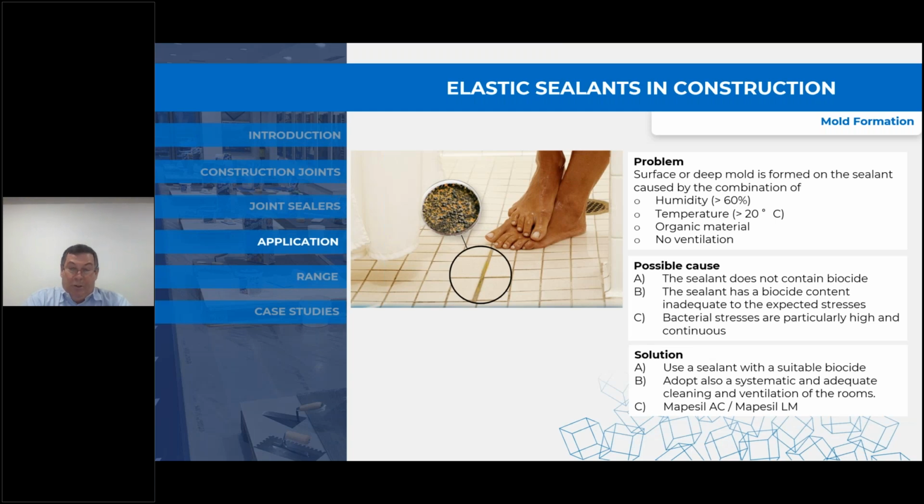They can still grow on the surface, but the solution is usually to use a suitable biocide added material, adopt a systematic and adequate cleaning and ventilation of the rooms, so good housekeeping, and also to use a good quality material that has the biocides in it.